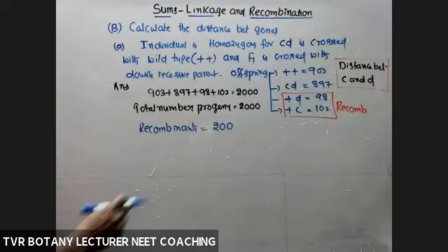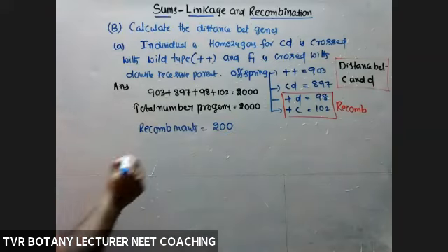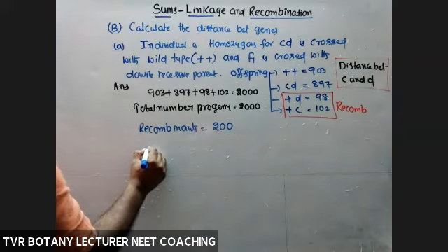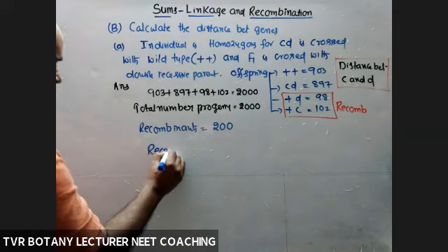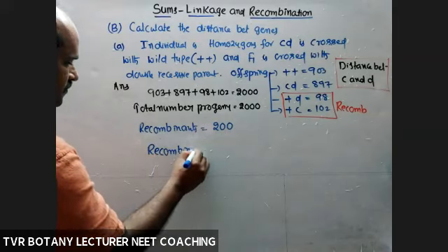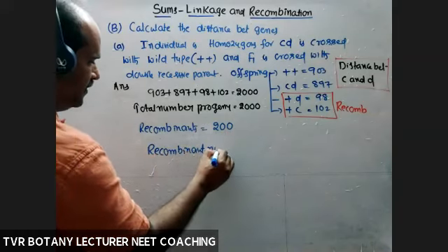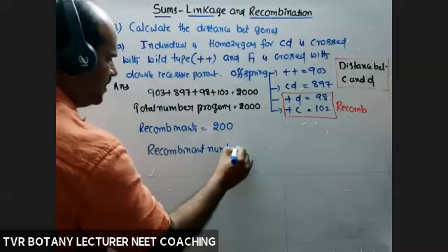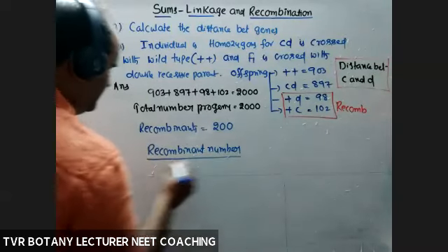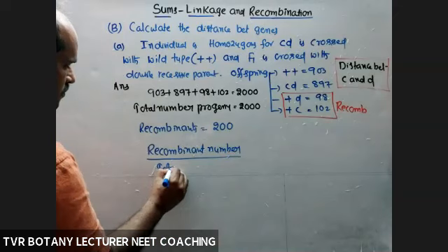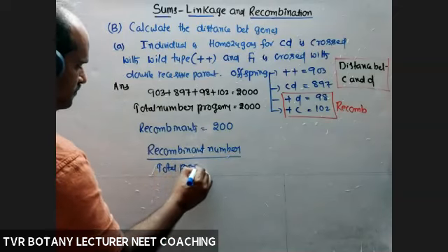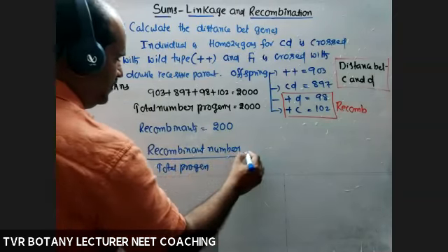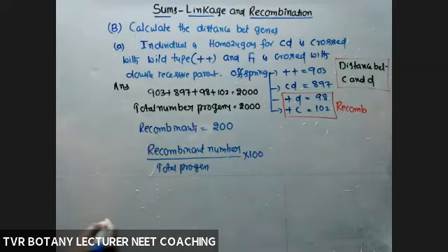Now decide the percentage. Recombinant percentage is total number of recombinants by total progeny into 100.